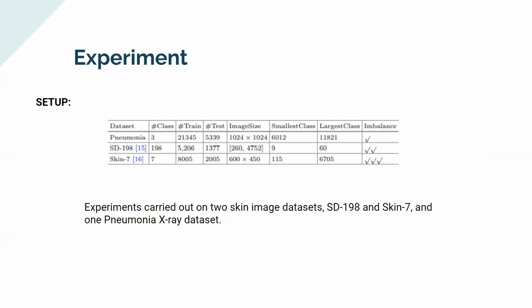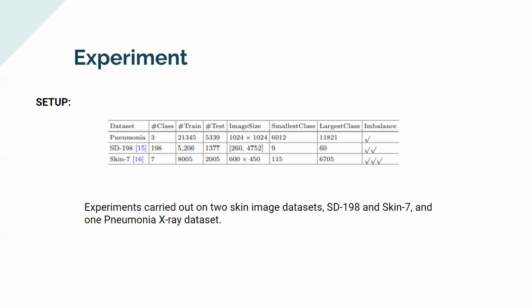And here we come to the experiment, to determine what exactly happens here, we made an experiment setup. In this experiment setup, we carried out with two skin image datasets and one pneumonia X-ray dataset.